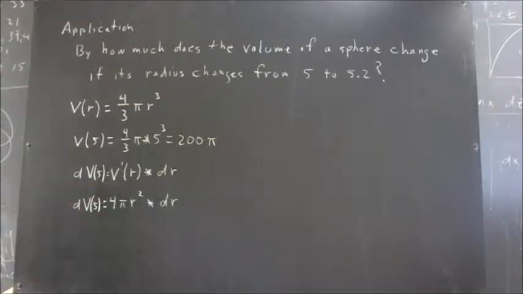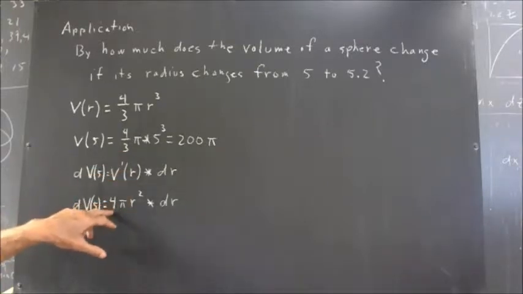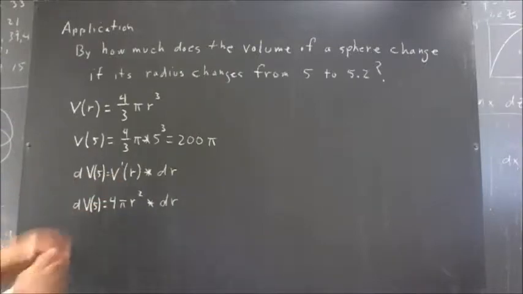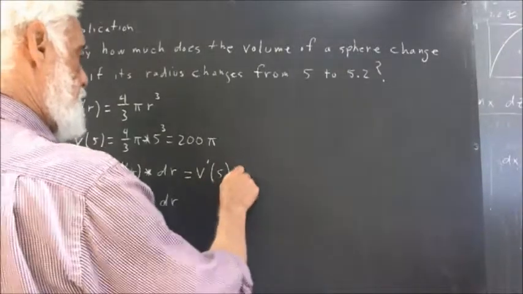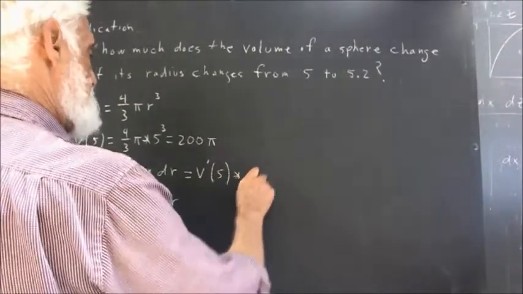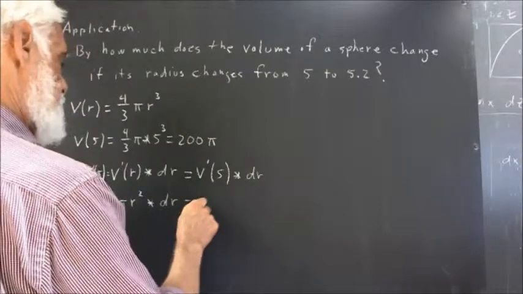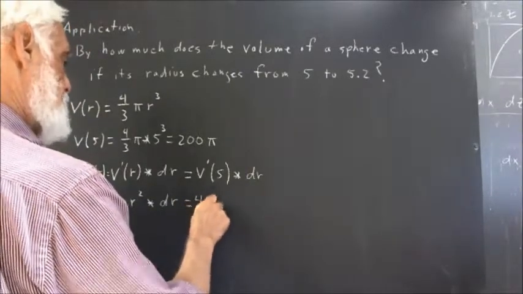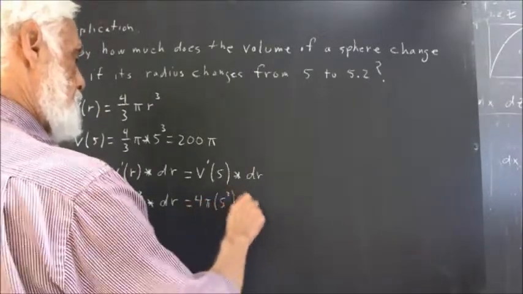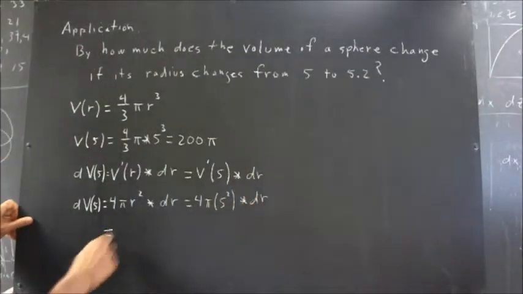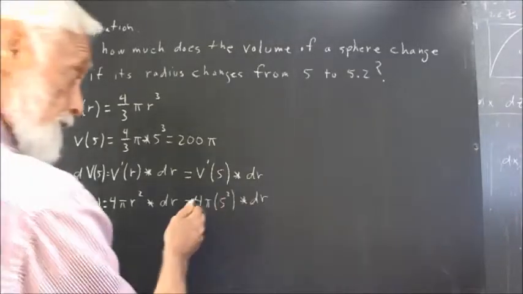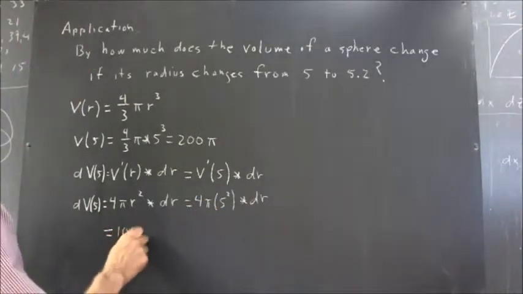But then dV of 5 is going to be V prime of 5, which is going to be 4 pi times 5 squared. So I'm going to change these r's. Well, I'll just write it out this way. It's V prime of 5 times dr. And that's going to be 4 pi times 5 squared times dr. And that's going to, well, 5 squared is 25. 4 times that's 100.